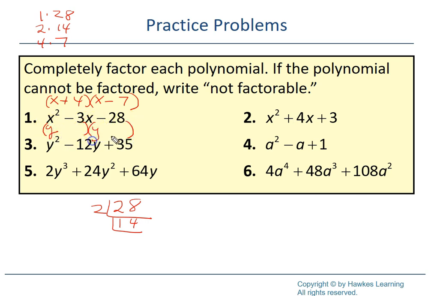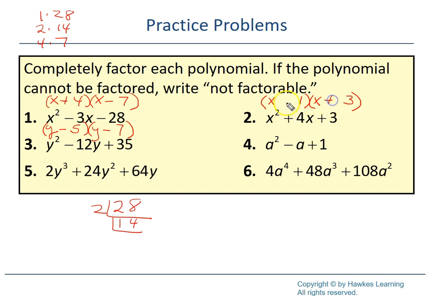Y. This one's easy. A 7 and a 5. That's 35. And if they're both negative, it adds up to a negative 12y as a middle term. And this one, x, 3, 1.